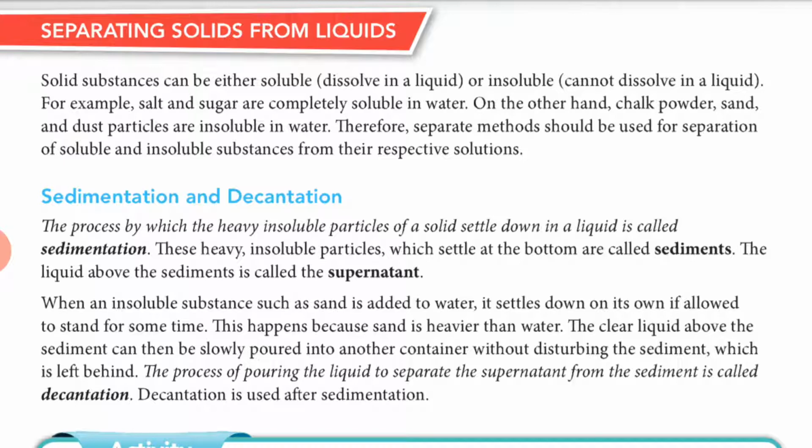When this water is poured into another container, taken out from this mixture, this is called decantation. The definition is: the process of pouring the liquid to separate the supernatant from the sediment is called decantation. Supernatant is the water and sediment is the sand.